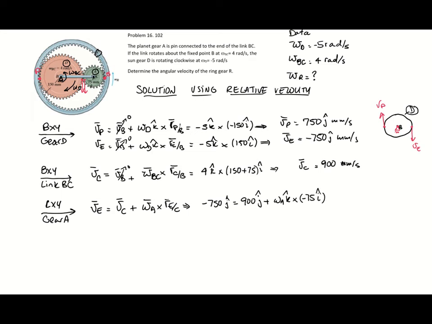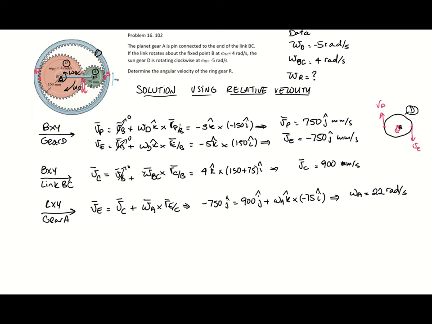K times i is j, negative j. From here I can solve for the angular velocity of A, and I get 22 radians over second.